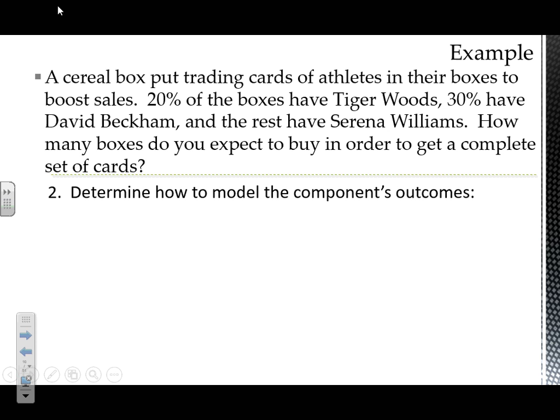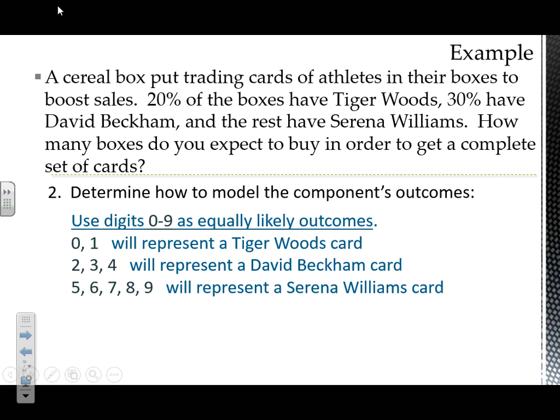And then the last 5 numbers will go for Serena Williams because they have a 50% chance of coming up. So what we're going to do here is let 0 through 9 represent the cards. We need to give 2 of those numbers to Tiger Woods, so the easiest thing is just give them 0 and 1. Anytime a 0 or 1 pops up, that's a Tiger Woods card. 2, 3, and 4 will represent David Beckham, and then the rest, 5 through 9, will represent Serena Williams.